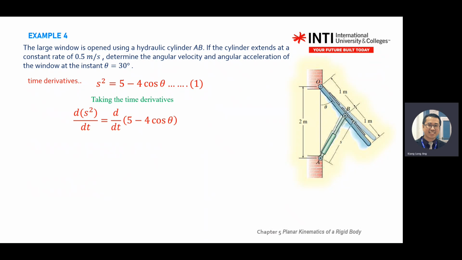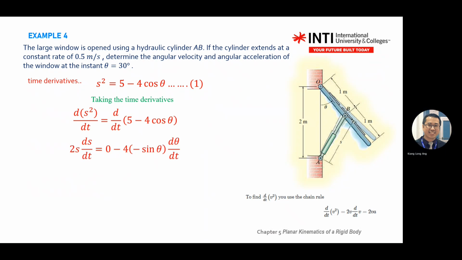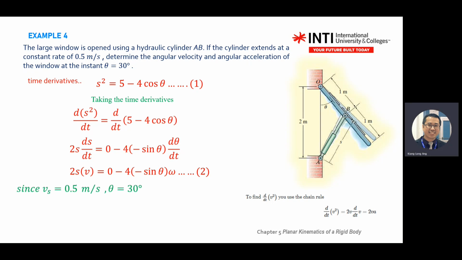d S square dt equals d dt of 5 minus 4 cos theta. You do the time derivative. You'll get 2S dS dt equals, for the constant value, 0, and this is the chain rule. You need to apply the chain rule. Then dS dt equals v, d theta dt equals omega. You get one new equation. So v was given. Substitute here.